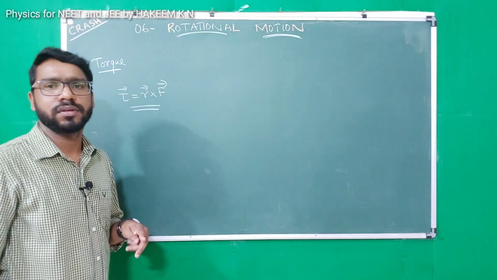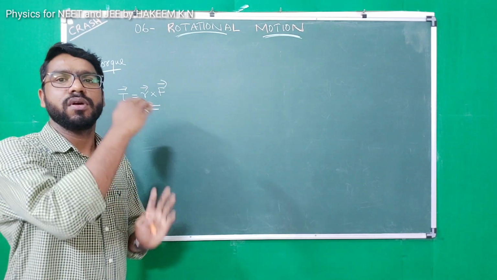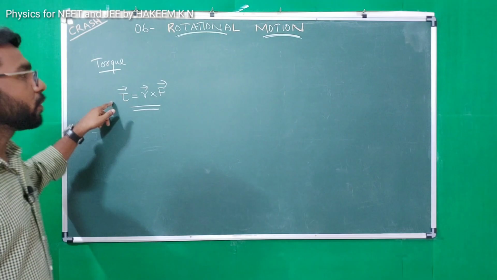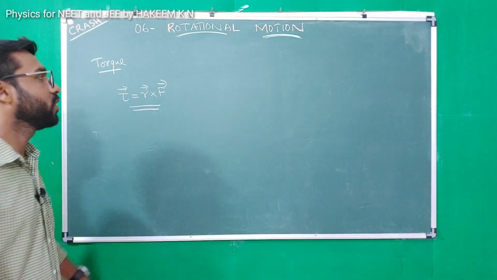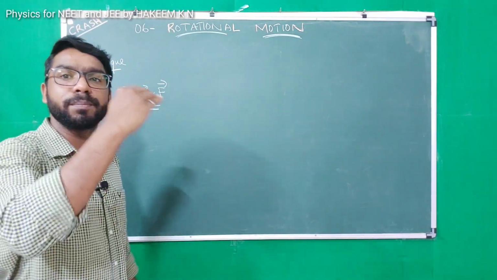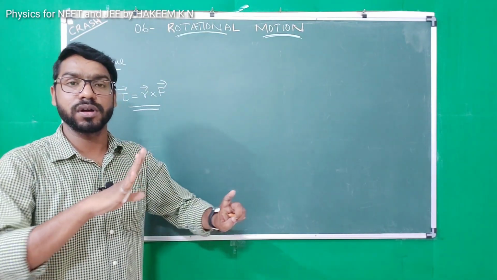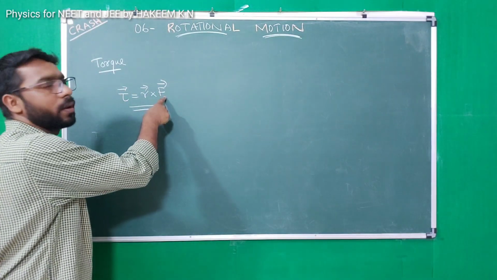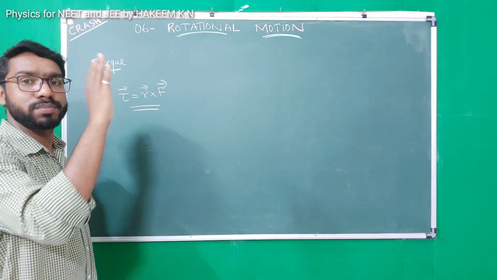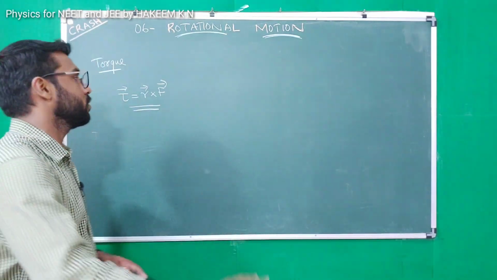What is torque? Torque is the rotating effect or turning effect of a force that is found using vector r cross F, where r is the perpendicular displacement of the point of application of force from the axis of rotation.